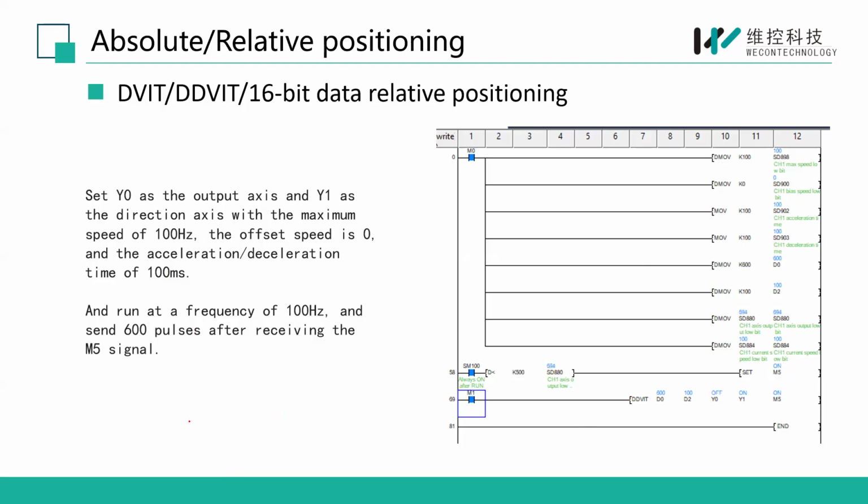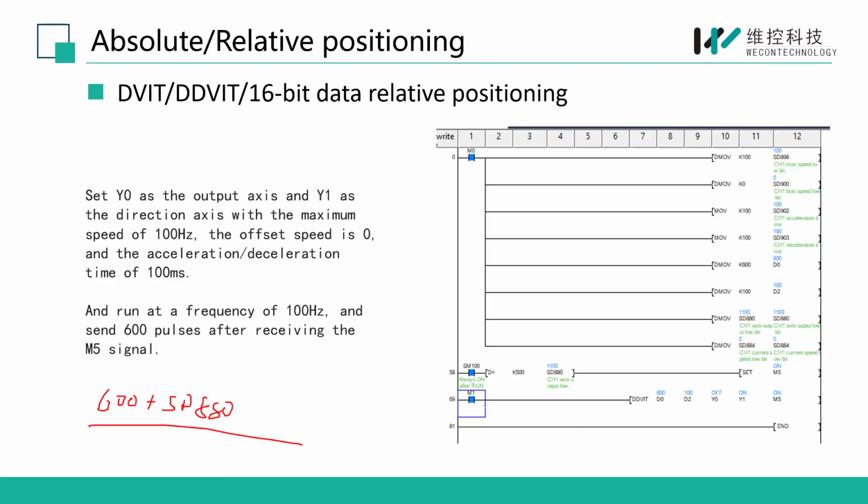So the total number of pulses is 600. This is the total number of pulses.